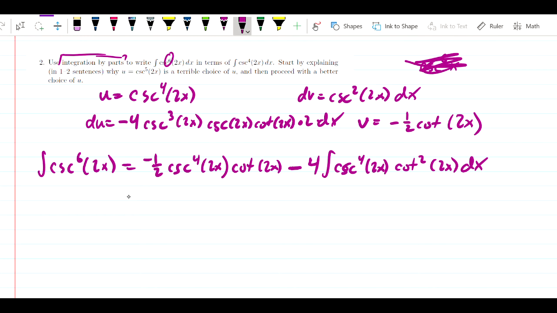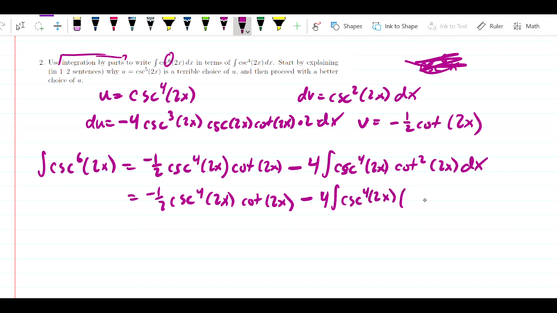And now what we're going to do is rewrite this using identities. So this becomes now minus 4 integral of cosecant to the 4th 2x, and this is going to be cosecant squared 2x minus 1 dx.